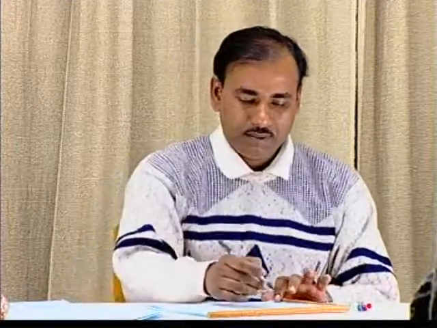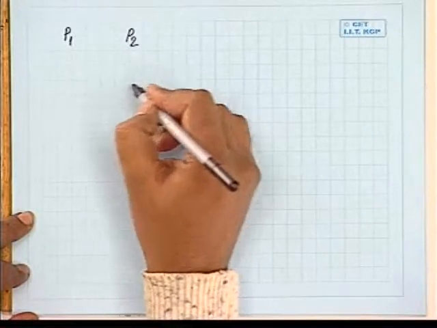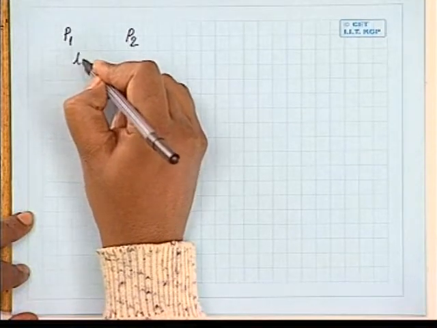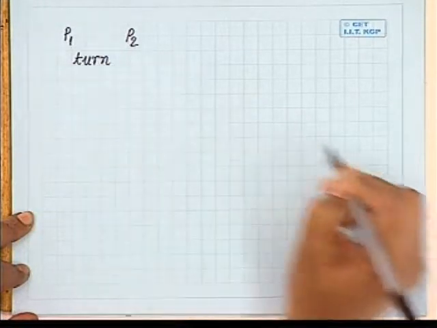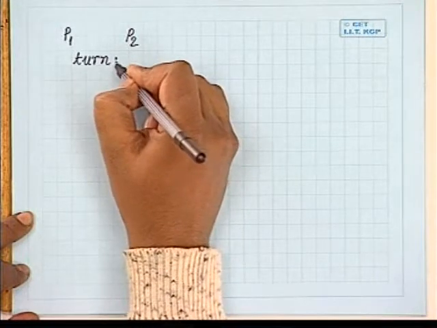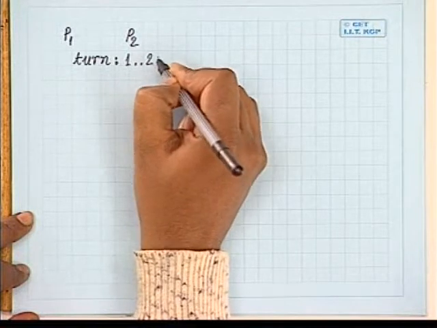So the situation will be something like this. In the entry section, let us call that shared variable turn, because it decides whose turn it is to enter the critical section, and turn can assume a value of either 1 or 2.